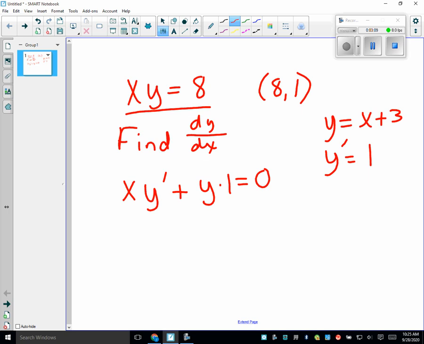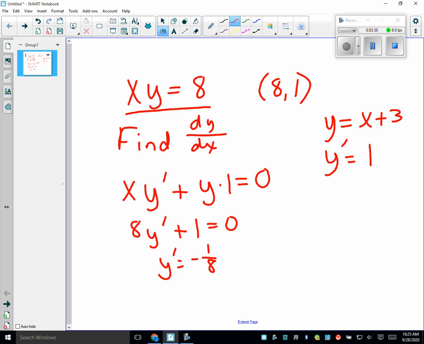Do I know x and y? Yes. So 8 y prime plus 1 equals 0. Do you agree? So y prime equals negative 1/8.